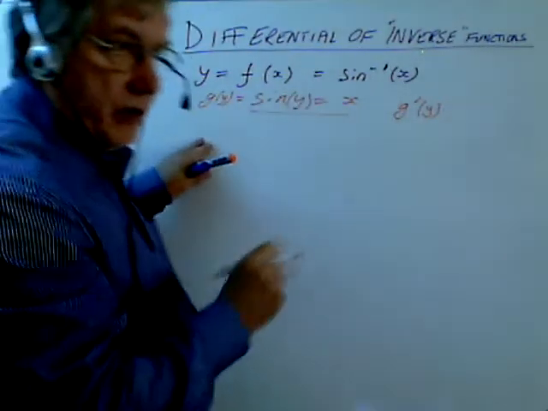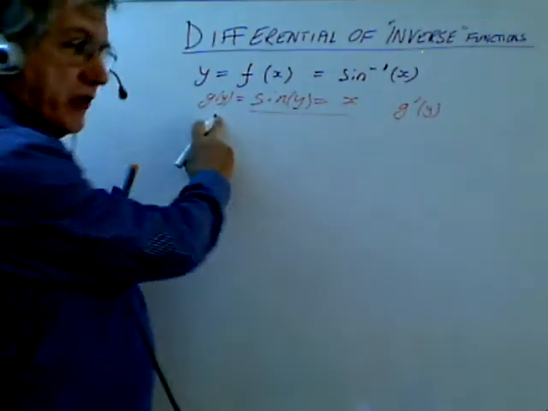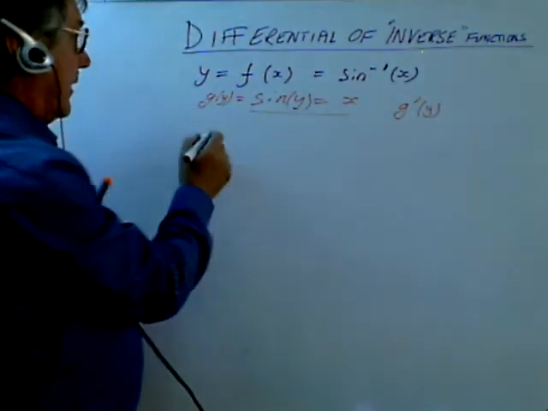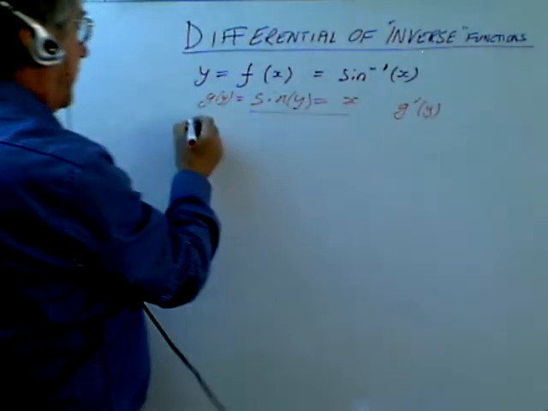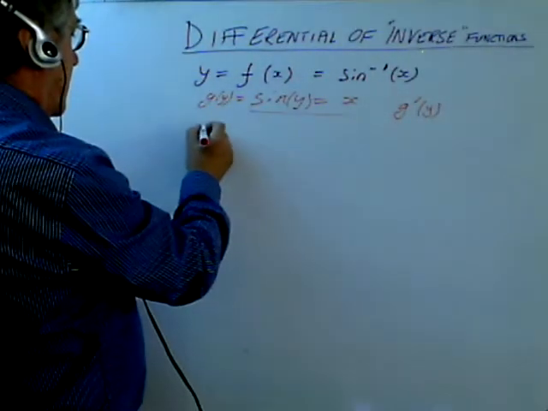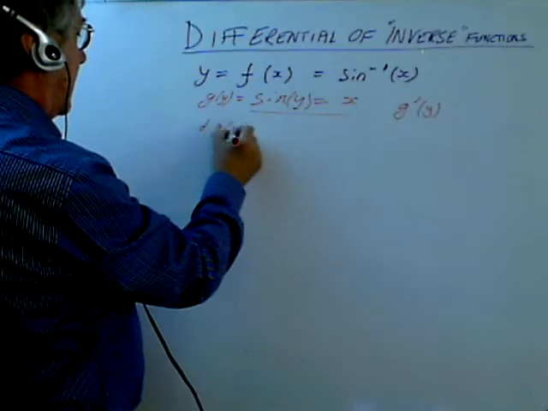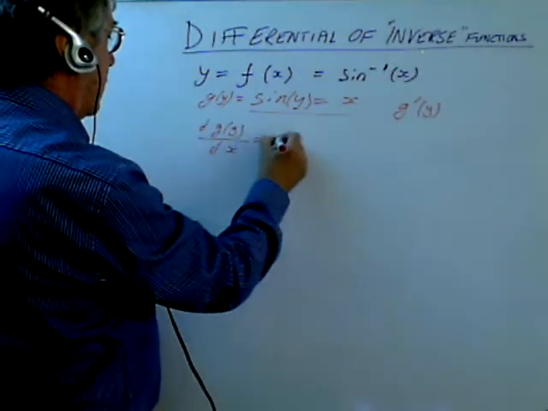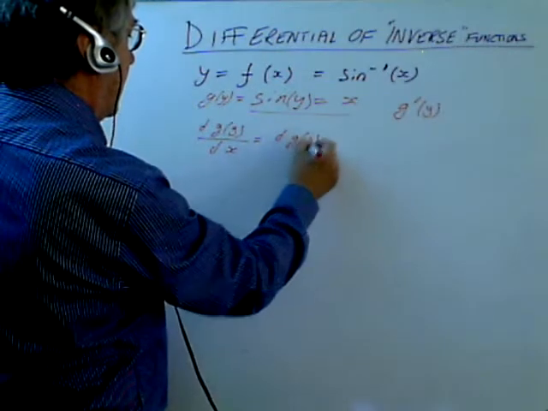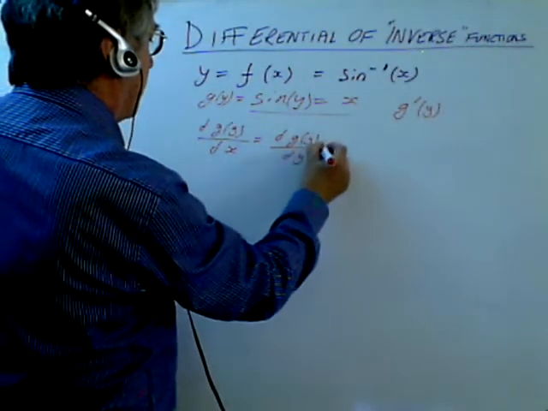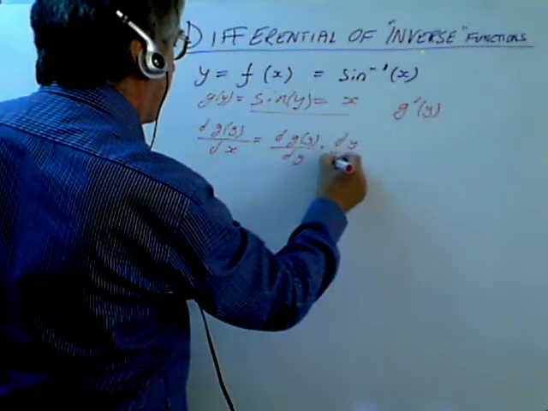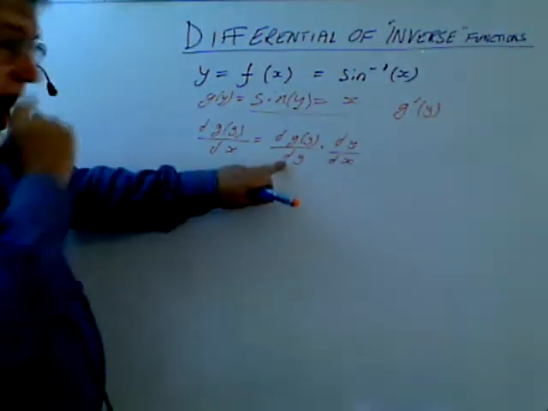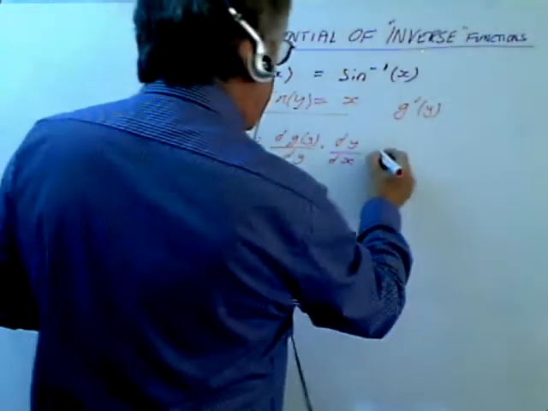But I'm not going to do that. I'm going to differentiate it with respect to x. Remember, y is a function of x. So dg(y)/dx is equal to dg(y)/dy multiplied by dy/dx. And of course that's just the chain rule here.